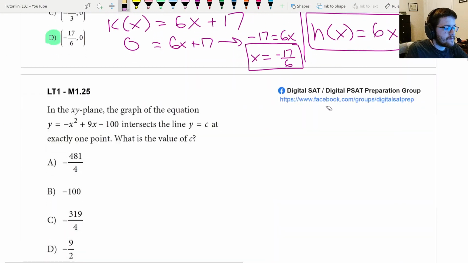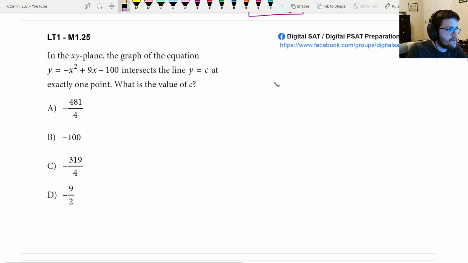All right. Okay, intersects the line y equals c at exactly 1 point. There's a couple ways to do this, but y equals c, y equals a number, that's the equation of a horizontal line.